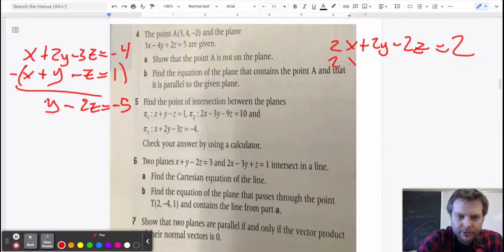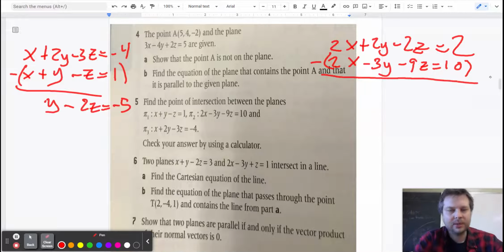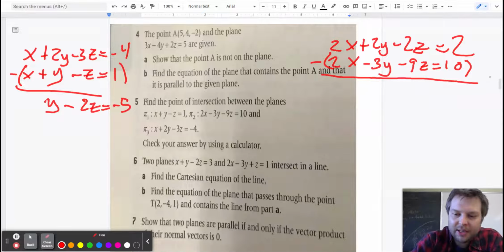And then here's plane number 2: 2x minus 3y minus 9z equals 10. And I'm going to subtract those again. And the reason I'm subtracting the x values again is if I can eliminate the x values twice, then the substitution I just found on the left side of the screen is a lot more useful.